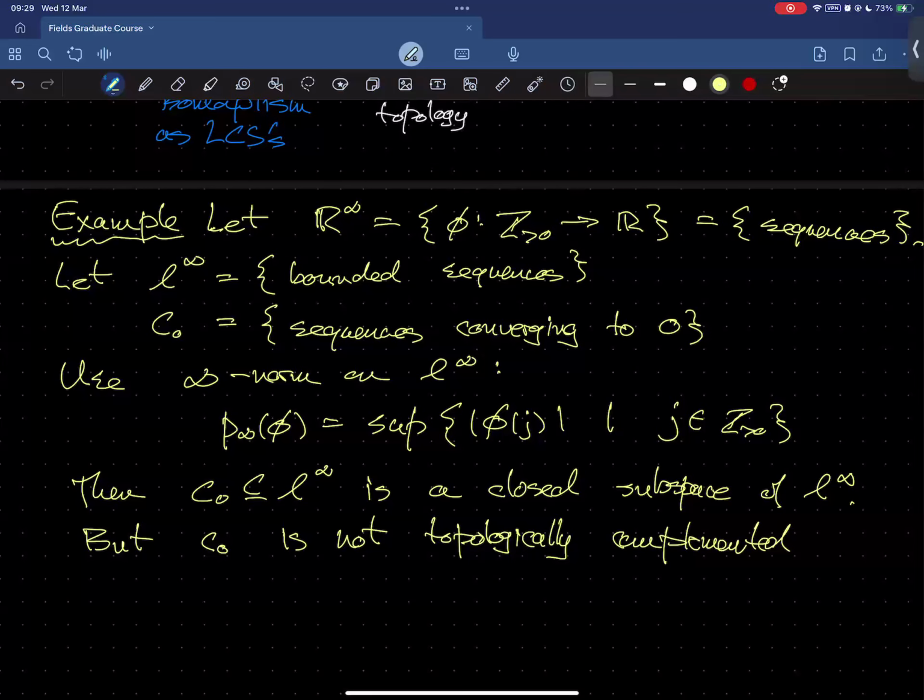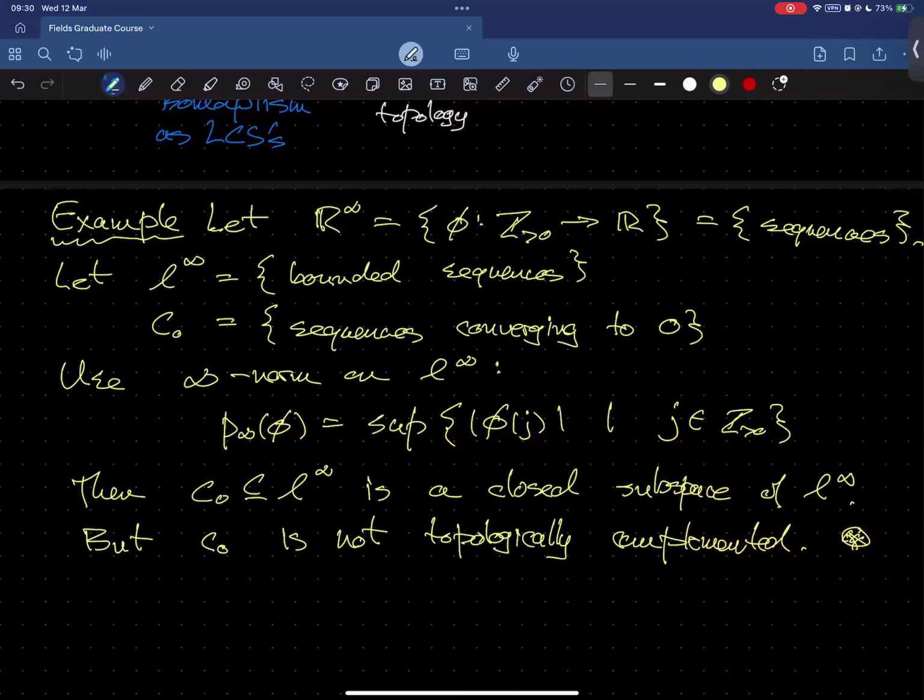Every subspace in a finite dimensional topological vector space is topologically complemented. So the absence of that property is certainly an infinite dimensional property, but it just happens even for nice norm spaces. These are just classical sequence spaces. Notice that every subspace of a vector space is algebraically complemented.